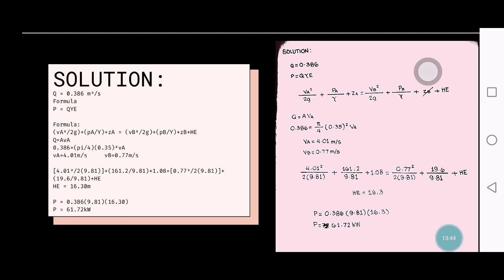Next, we substitute our given values in the formula below, which is velocity sub A squared all over 2 times gravity plus P sub A all over weight density plus Z sub A equals V sub B squared all over 2 times gravity plus P sub B all over weight density plus Z sub B plus HE, which is the head extracted.